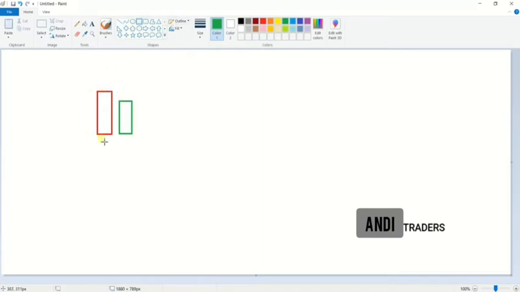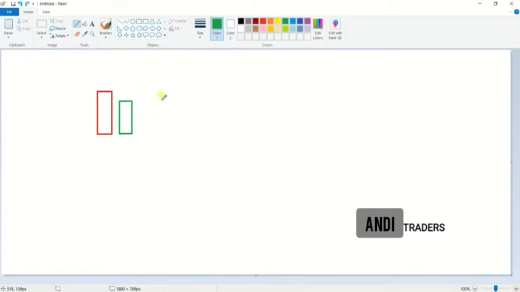So now I need you to pause this video and think about this. If you see this, what will be the next candle? So this is the question. What will be the next candle? Please pause the video and think about it now.